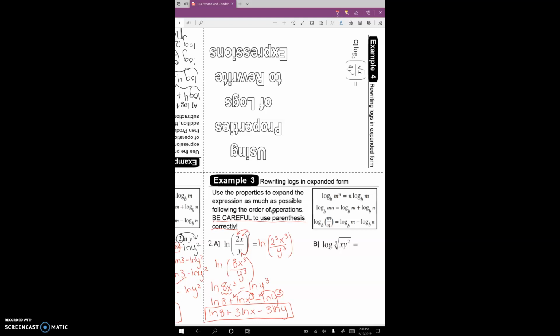The cube root of something is just to the power of 1/3. So then all of this is to the 1/3 power. I'm going to again distribute that. So then I have x to the 1/3, y to the 2/3. When they distribute, they multiply. They are multiplying. That means these can be separated by addition.